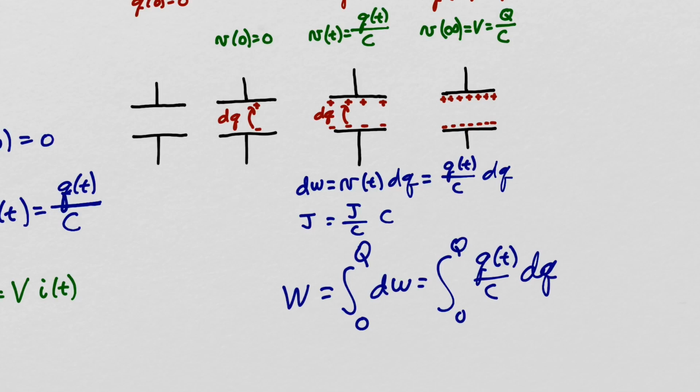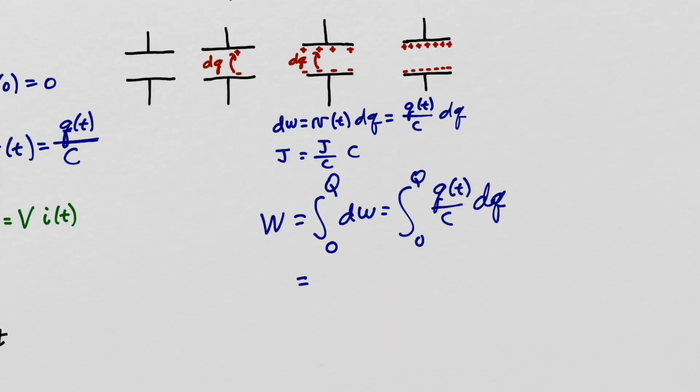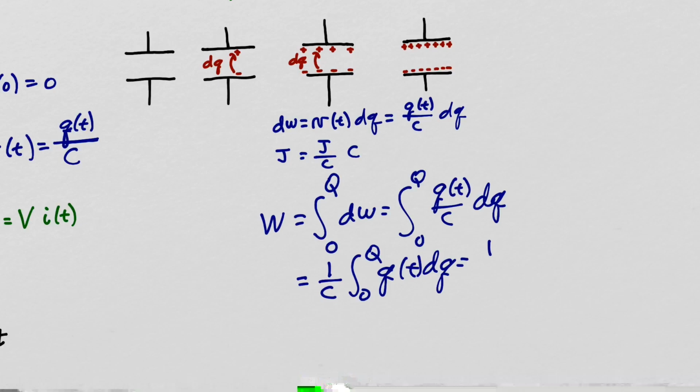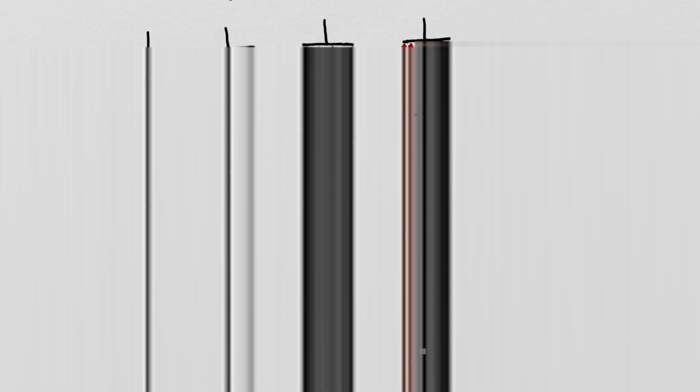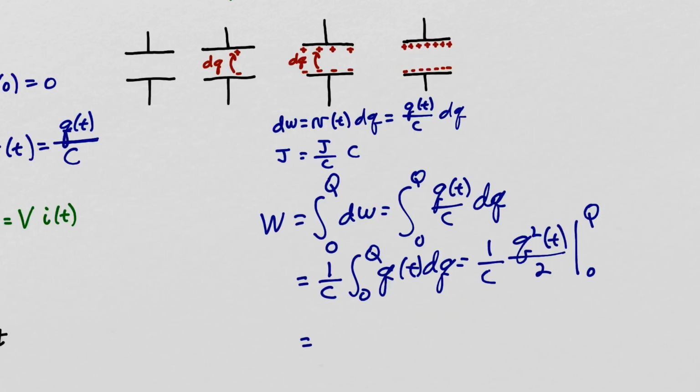C is a constant, so this is 1 over C times the integral from 0 to Q of Q dq, which will be 1 over C times Q squared over 2 evaluated between 0 and Q. So the energy stored on the capacitor is Q squared over 2C.